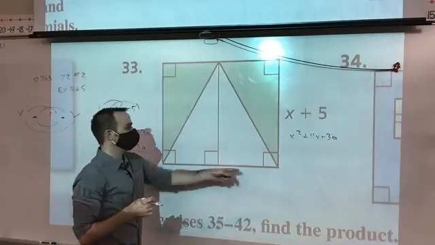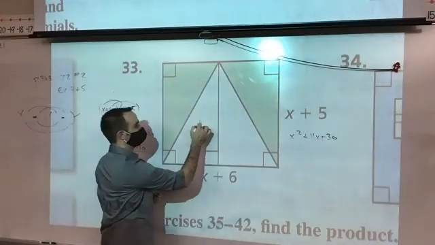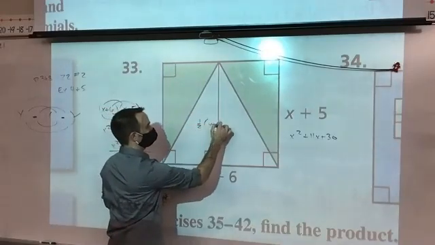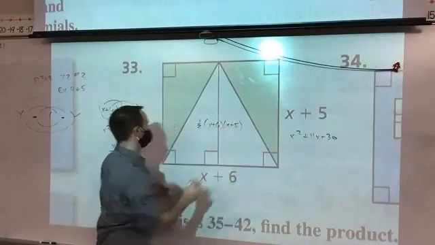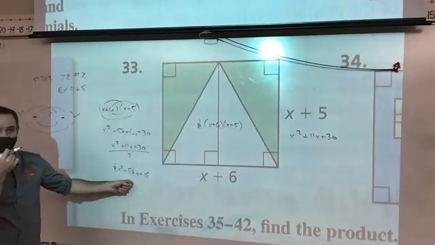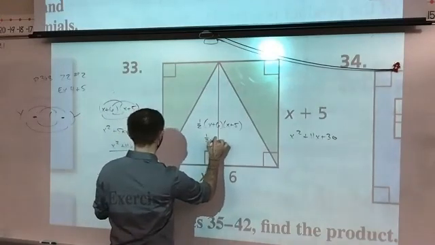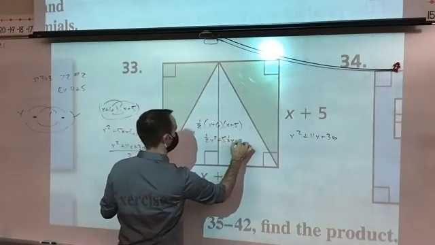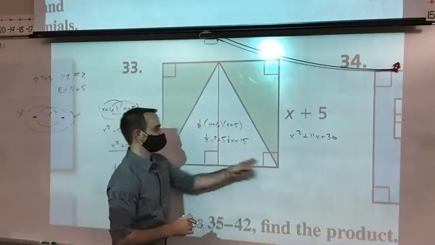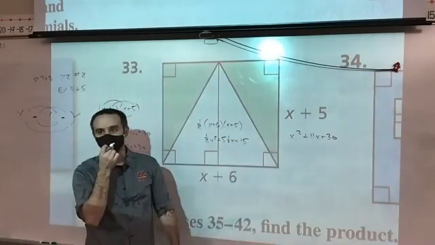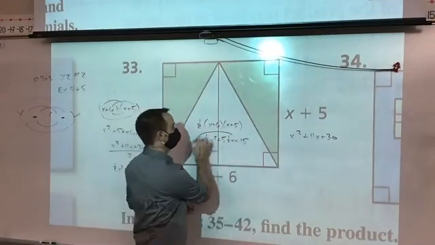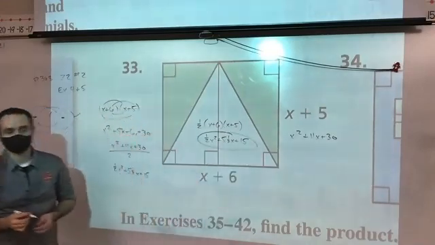So we would find the area of the triangle, which would be 1/2 times x plus 6 times x plus 5, which is exactly what we just did here. The area of that triangle is 1/2 x squared plus 5.5x plus 15. And then I'd have to subtract them. But we know since it's exactly half, that's going to be our answer.